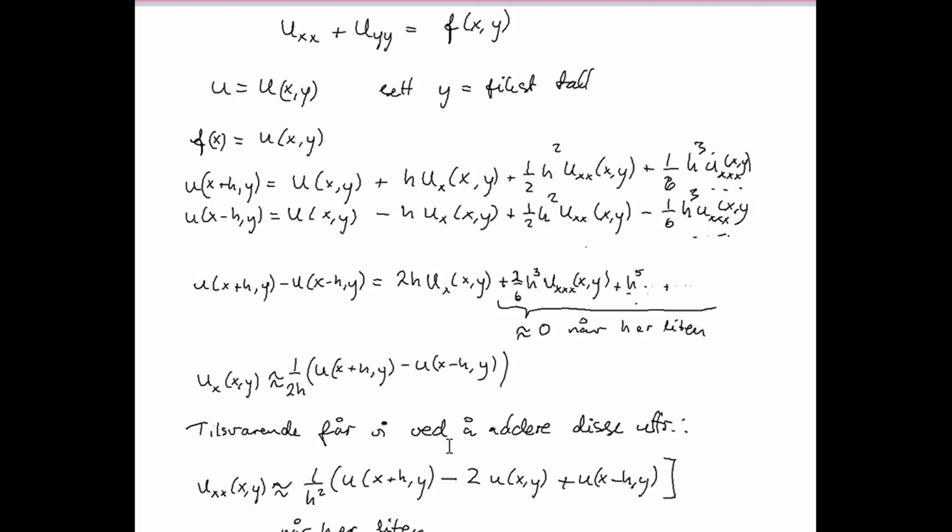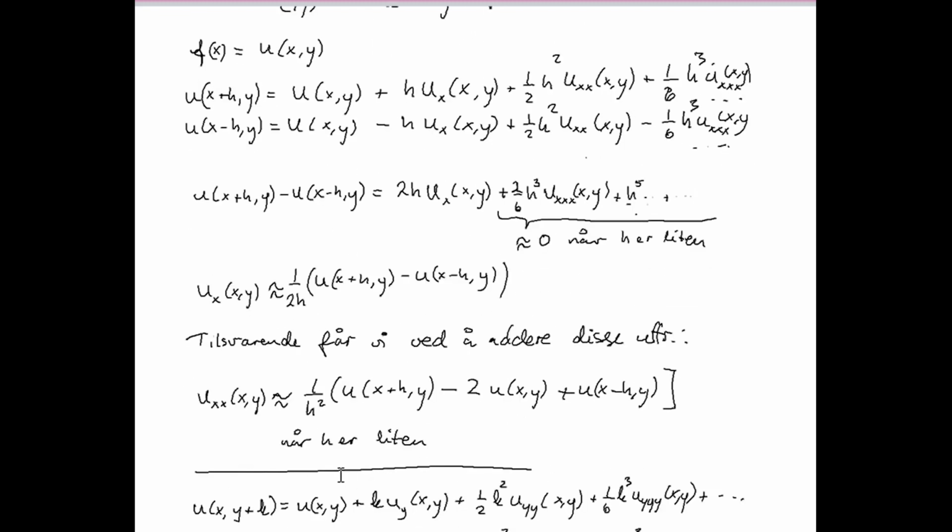In the same manner, by adding these two equations, we can obtain that the second derivative of u with respect to x is approximately equal to 1 over h squared multiplied with this expression. And of course this holds only when h is a small value, because then these higher order terms are very much smaller.